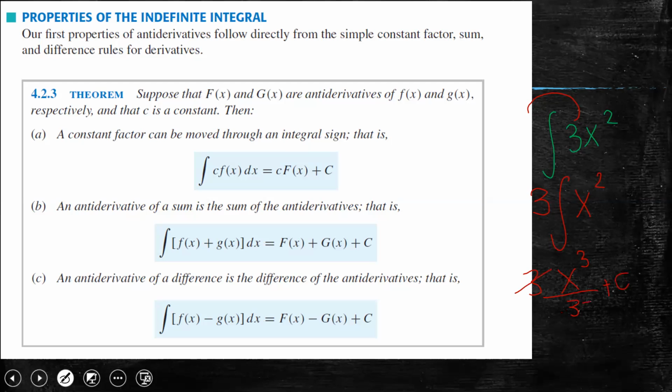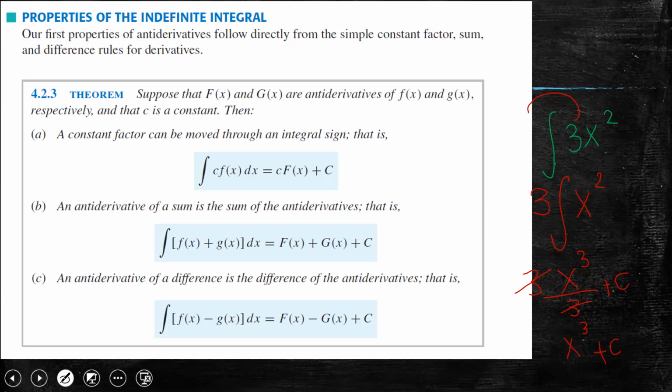So then 3 cancels 3, so it comes like x cubed plus c. So if you have any constant, you just have to move the constant outside the integral sign and then you will continue the integration for the variable.